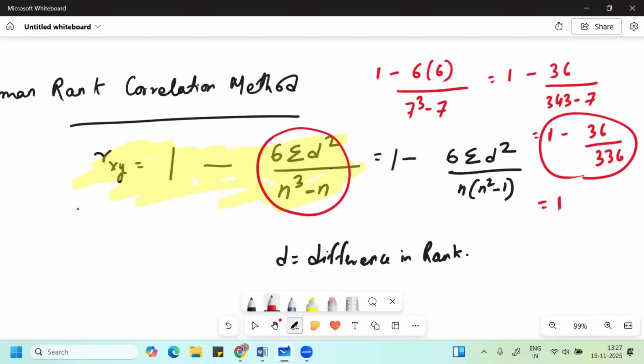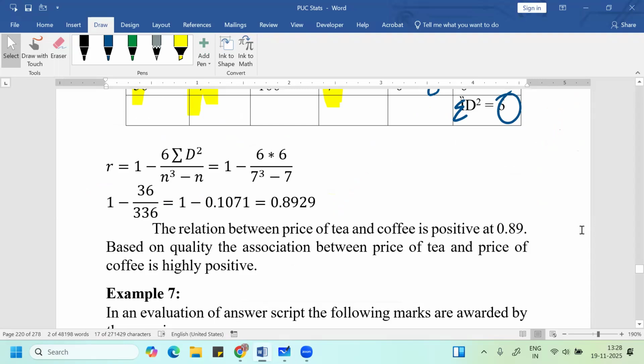So this is 1 minus 0.1071. When you solve this, you'll get the R value as 0.8929. So this is the R value, the coefficient of correlation between the two variables. The two variables I considered here are the price of tea and price of coffee. I hope you understood this.